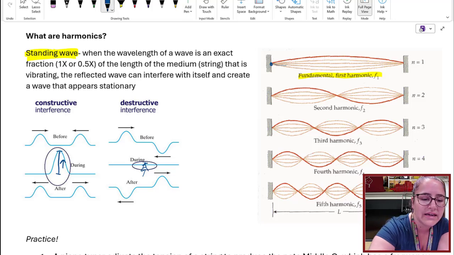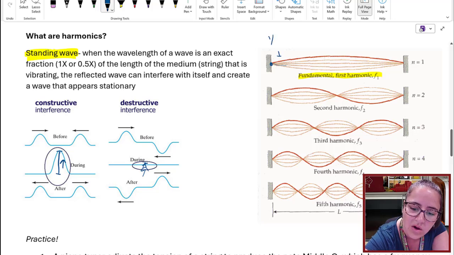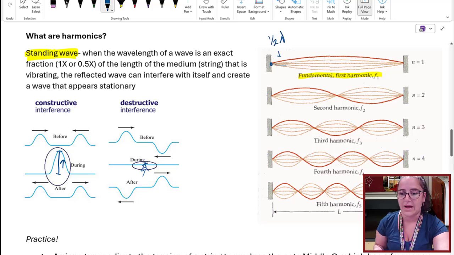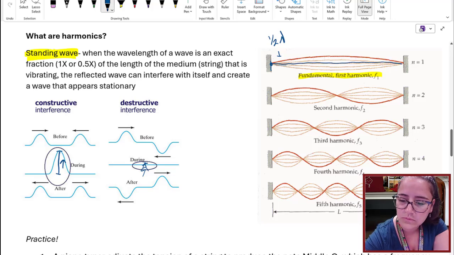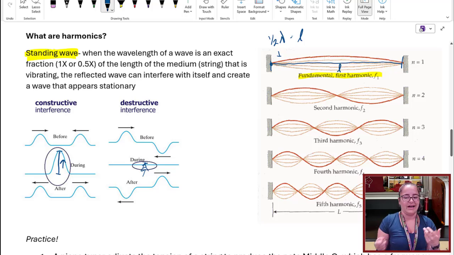You can see here, this is only 1/2 of that wavelength. So for the first harmonic, the length of the string, which we typically call L, is equal to 1/2 of the wavelength.